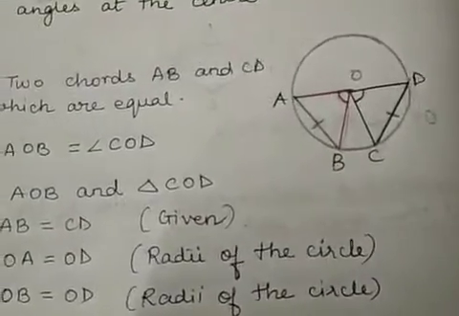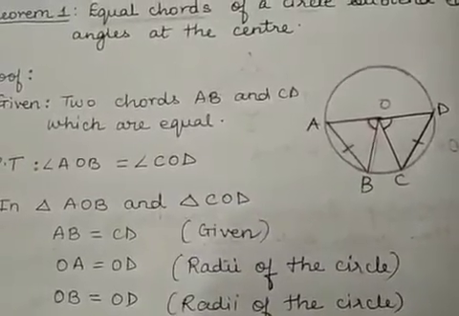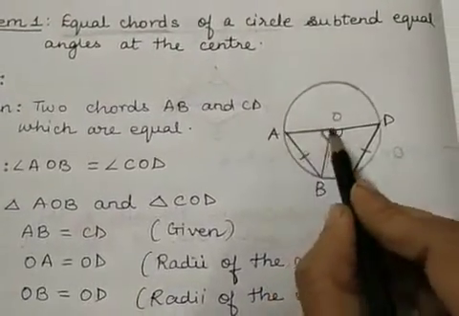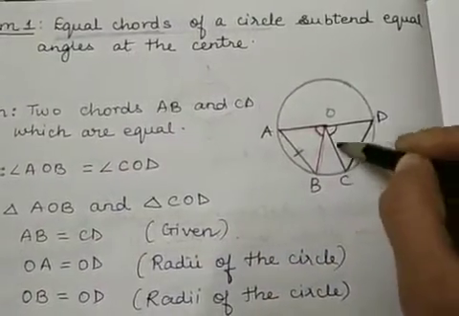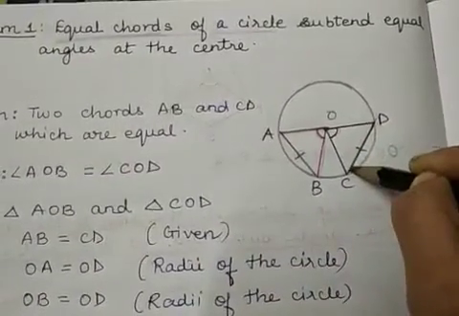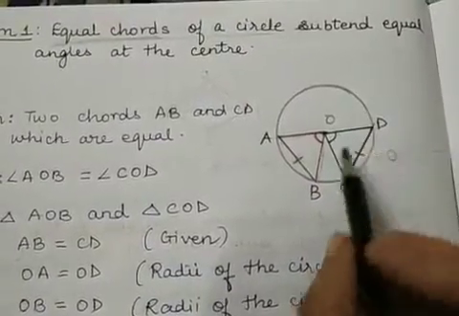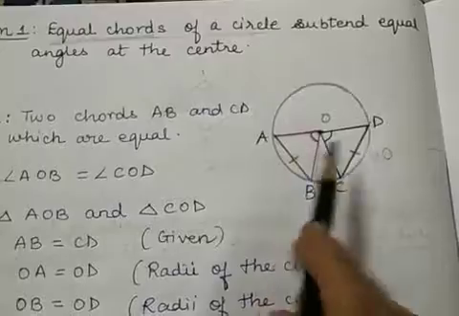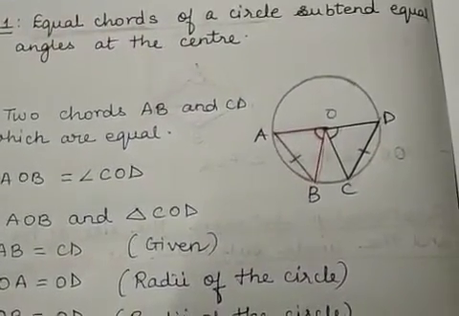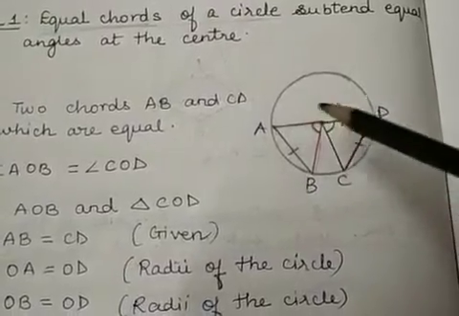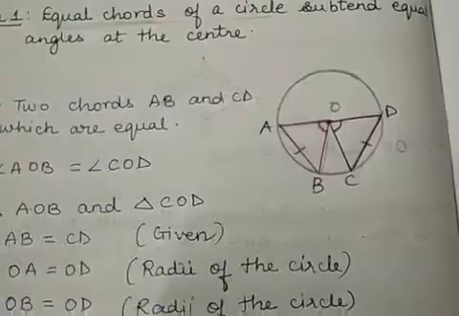To use a congruency test, we have to consider two triangles. The two triangles you can very well see here are triangle AOB and triangle COD. Let us consider these two triangles. Now you have to find three sides to show that the two triangles are equal, or you can find two sides and one angle, or you can find two angles and one side.